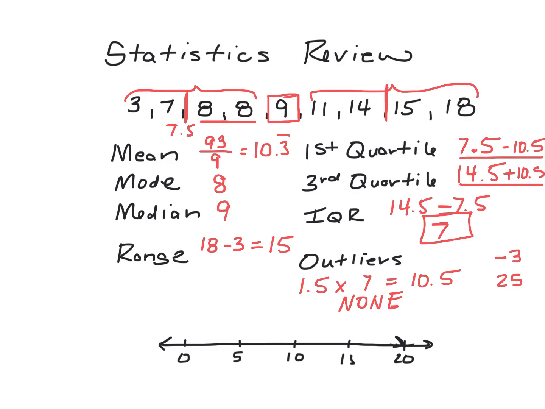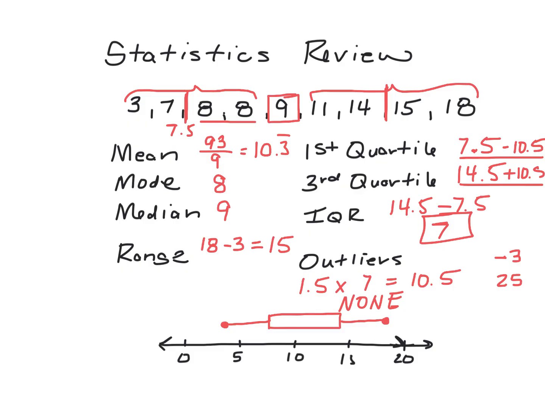To construct a box plot of this one, or box and whisker plot, I'm going to make a box that is going to go from my first quartile to my third, so from 7.5 to 14.5. I'm going to extend these whiskers to my minimum, which is 3, and to my maximum, which is 18.